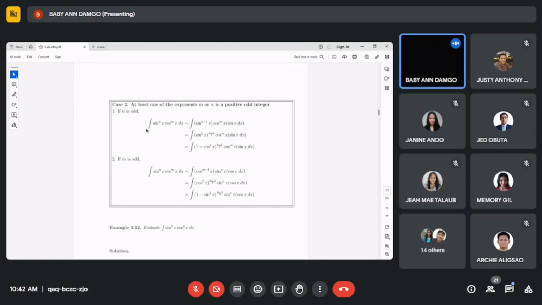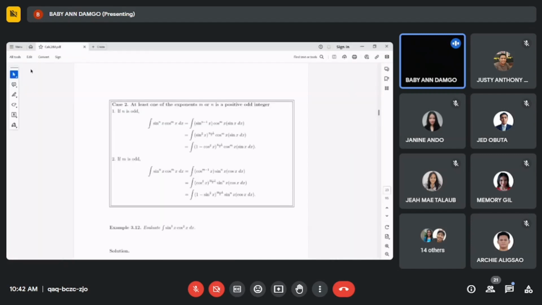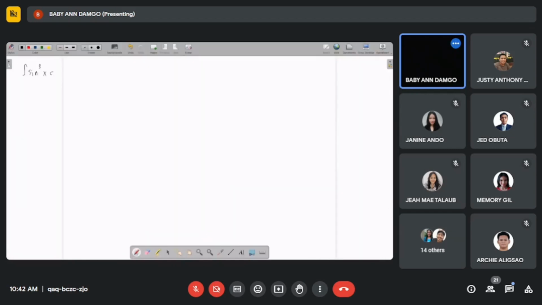To understand this, let's have an example. We have the integration of sine cubed x cosine squared x dx.